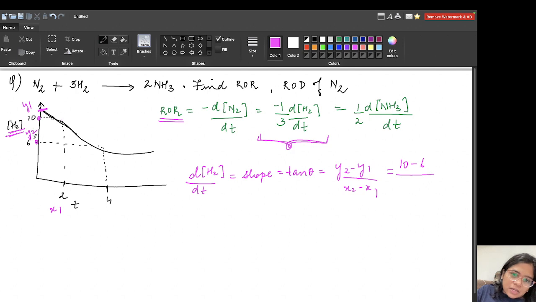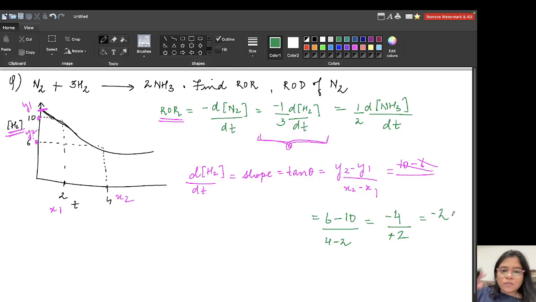And then it's coming here. So this one will be my y2 and this one will be my x2. So y2 here is 6 minus 10 divided by 4 minus 2. Minus 4 by 2, which is equal to minus 2, right? So this is what you have got for dH2 by dt.